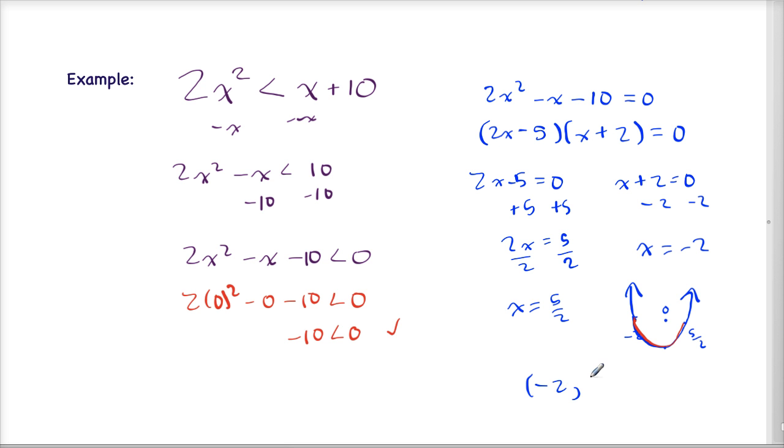So negative 2, comma, 5 halves, using parentheses here, is my solution interval. So the graph of the parabola would look something like this. That little red highlighted area is your solution interval, and this is your solution in interval notation, negative 2 to 5 halves.